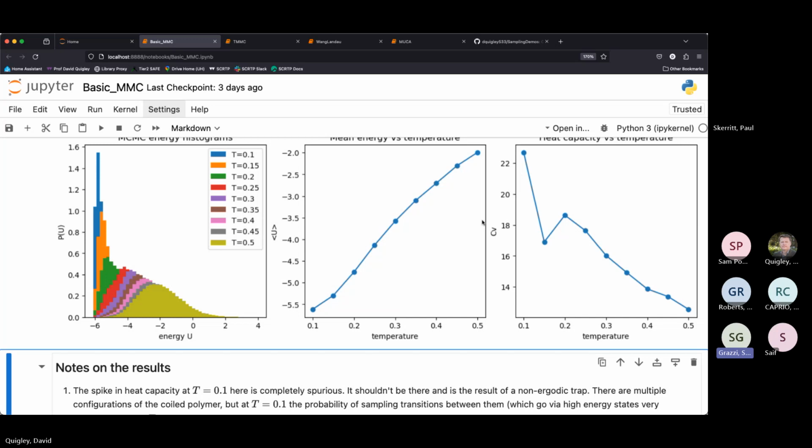Now I'm going to say, don't do that. I'm going to try and convince you that what you want to do is not that. What you want to do is one simulation that accesses the entire energy range, from which I can get information about multiple temperatures in one go. So this is the idea of multi-canonical sampling. What we've done here is canonical sampling.